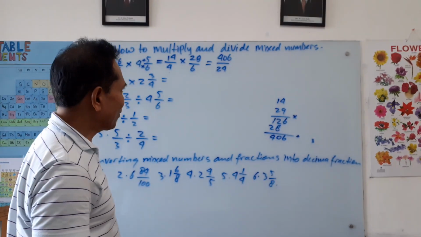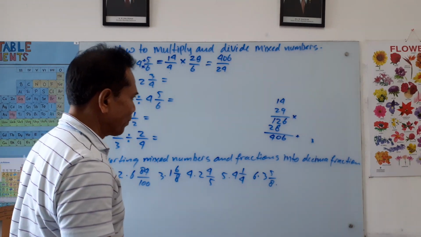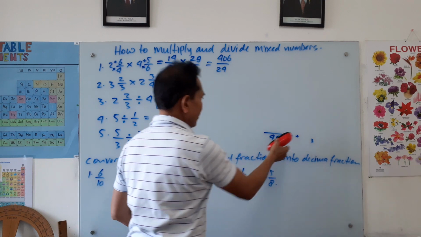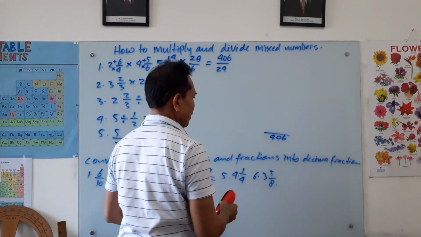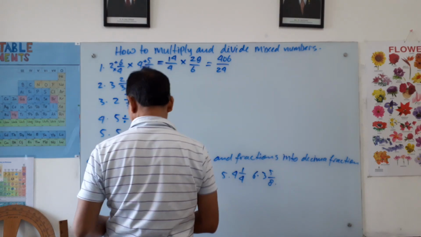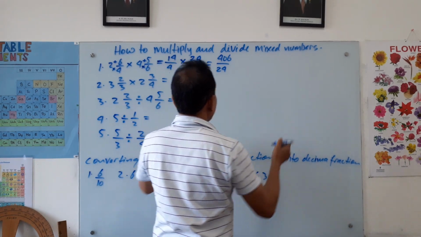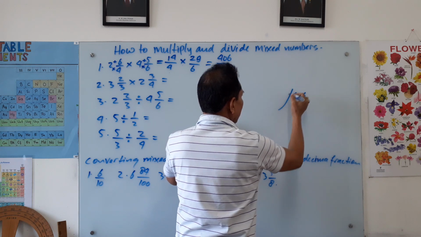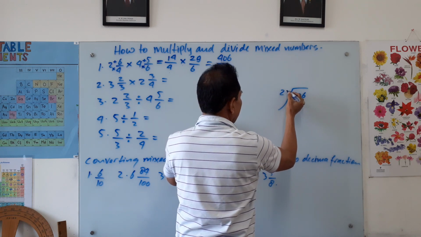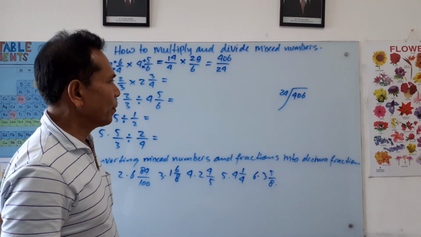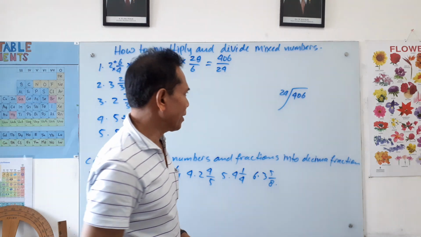Yes, let's try to simplify this. We erase everything and leave this here. So let's work this out: 406 divided by 24. Now let's do this step by step, children.